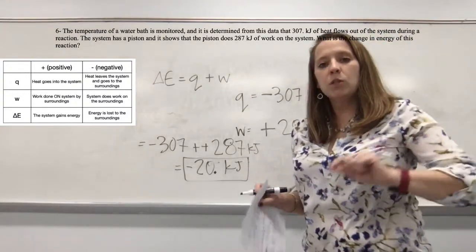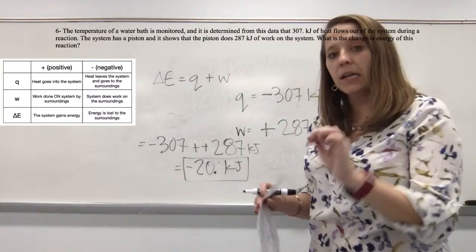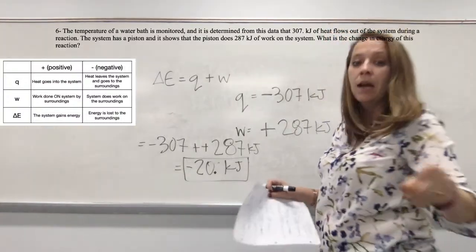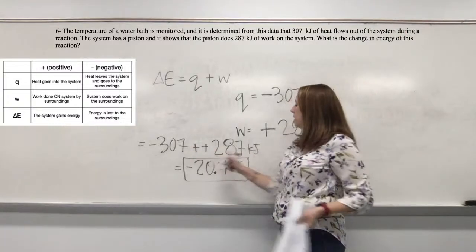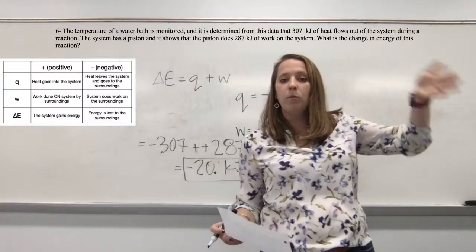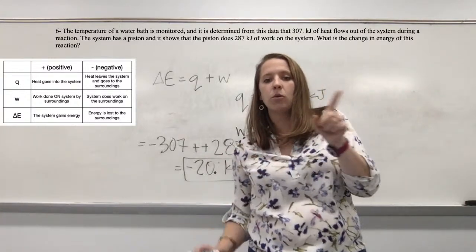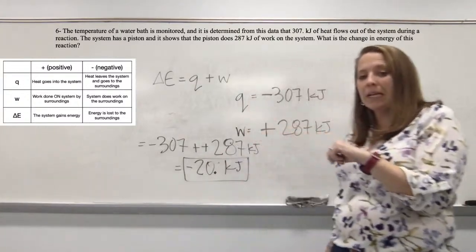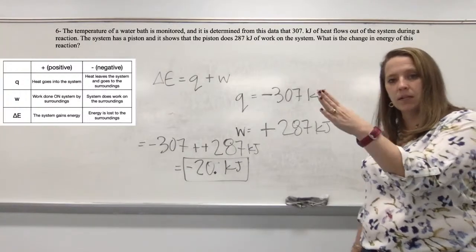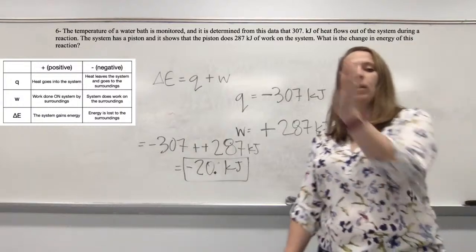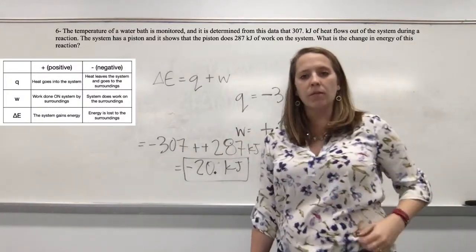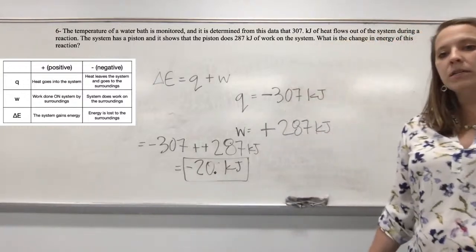So what questions do we have about this question? And you might be asking, Dr. Malcolm, did you do your sig figs right? I did, because this is addition and subtraction. So it's about the number either before or after the decimal point. And so 307 and 287 both stop at the decimal point. So you can't go any past that, or you could go before, but that's not really relevant. Questions?